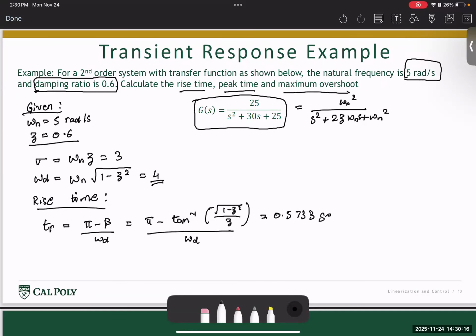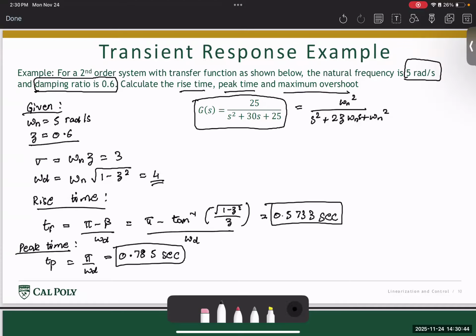Peak time Tp is given by pi by omega d. Substituting that, we get about 0.785 seconds.